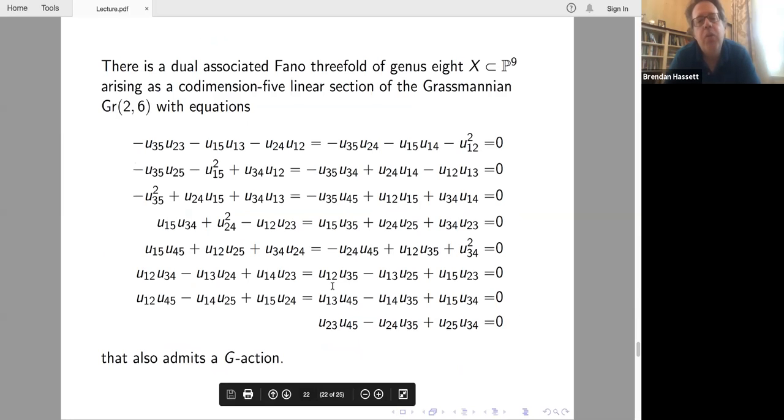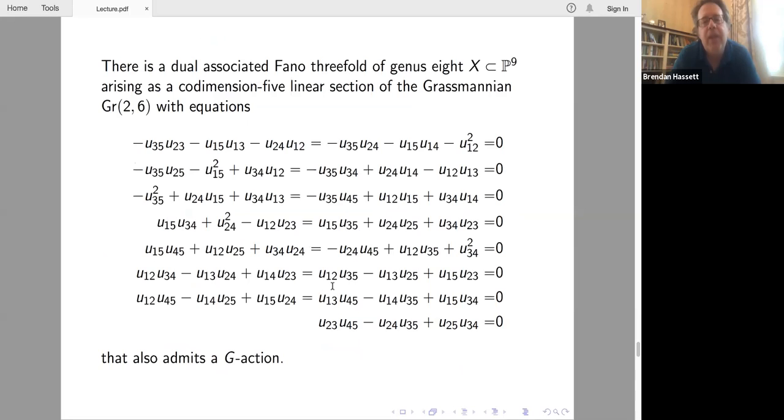So there is a dual Fano threefold of genus 8 that comes from the representation theory of SL2(F11). This is realized as a codimension 5 linear section of the Grassmannian Gr(2,6) with these equations.